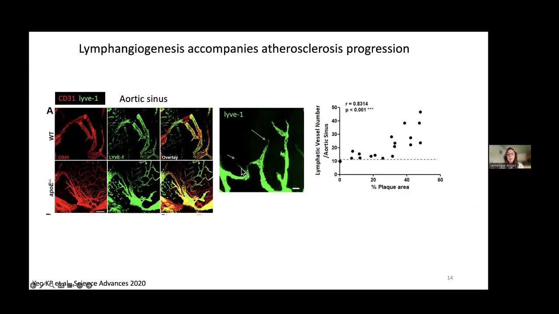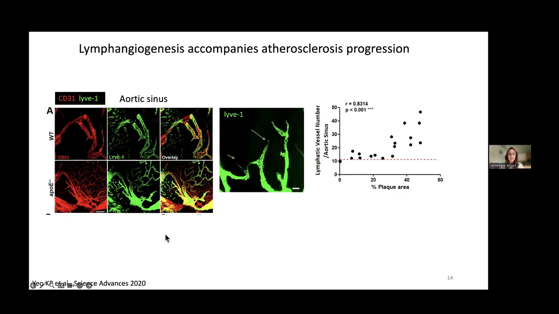We could also detect some lymphatic sprouting, and lymphatic vessel number also correlated with the size of the atherosclerotic plaque. However, at the time, it was not clear whether this expansion of lymphatics was just part of the pathogenesis of atherosclerosis or really an attempt to increase lymphatic drainage.